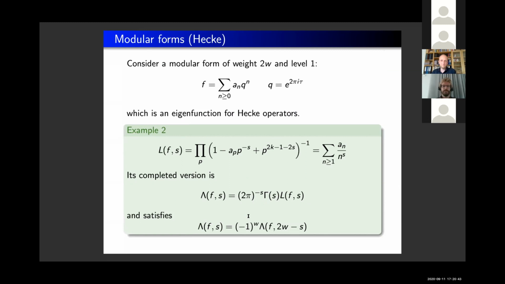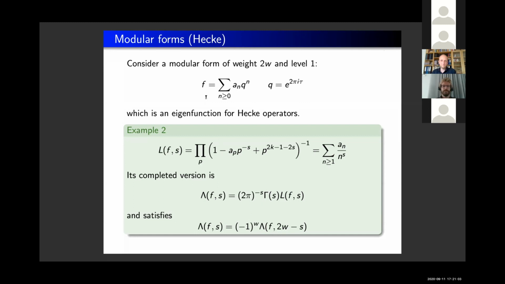Here's another example that's come up quite a lot in this conference. Let's just take a modular form, for simplicity of level 1, but it works in any level. Everything on this page was worked out by Hecke a very long time ago.